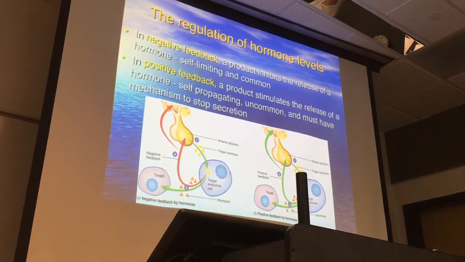This can't go on very long because you'll very quickly get to an extremely high level of hormone release. So this goes on for a short period of time, and there has to be some mechanism to stop the secretion. Just has to be. Okay? The only example is where we have estrogen being produced.